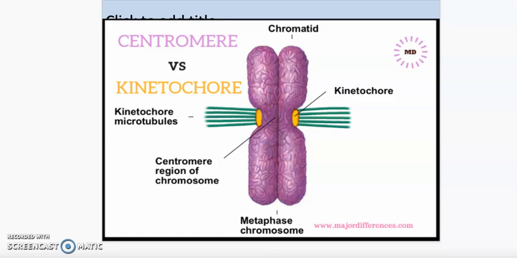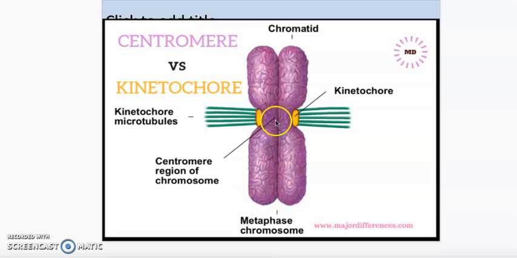Okay, so here is an image showing you the structure of a chromosome, okay? And as you can see with this chromosome, it's actually replicated. Why? Because it has that X shape, right?